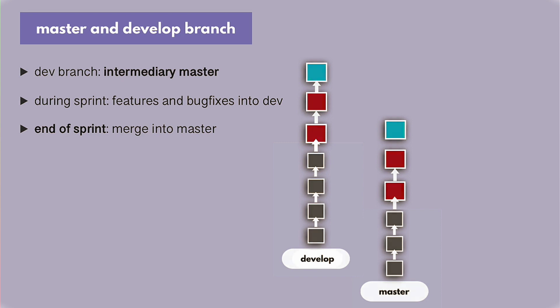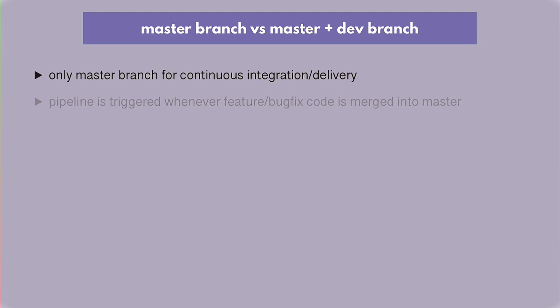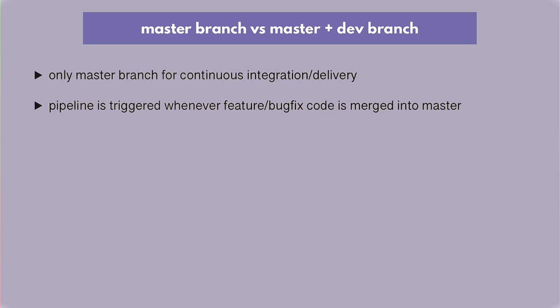Now, what is the difference between these two practices? What is the difference between having just master branch and then having those branches constantly merged into that, or having an additional develop branch? Now, if you are developing and setting up continuous integration, continuous delivery pipeline, then you should use only master branch.